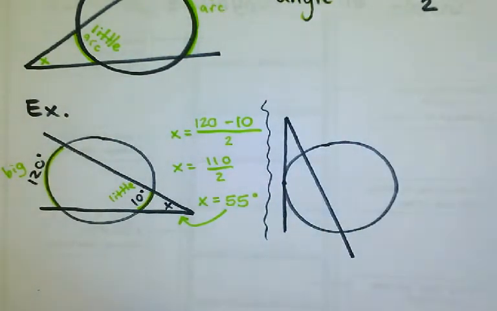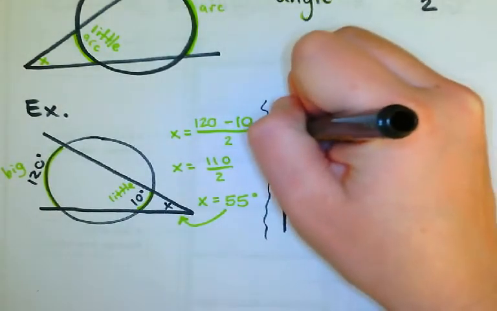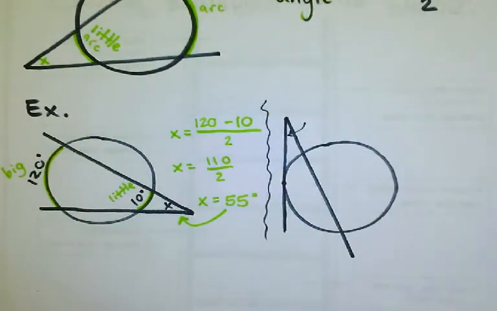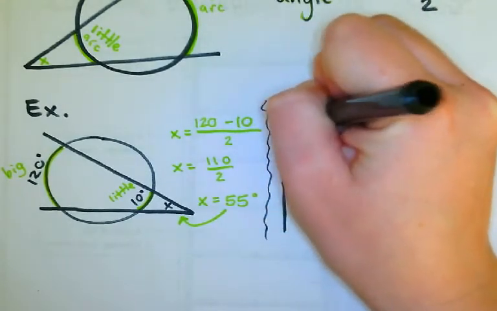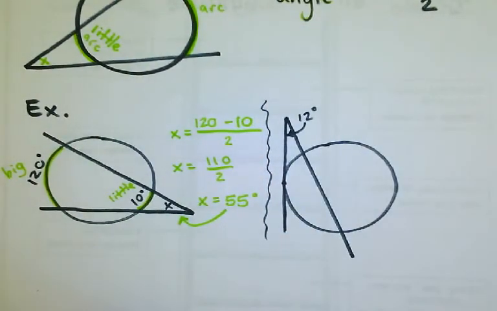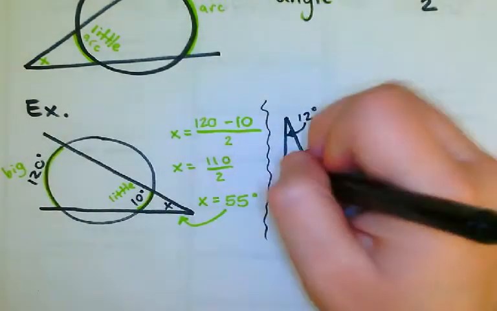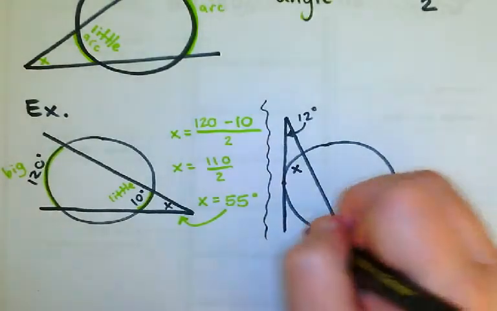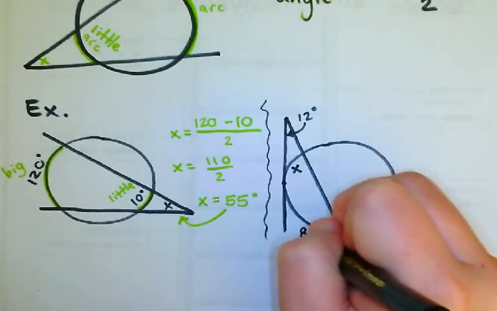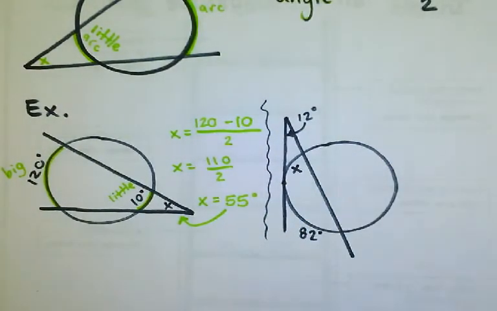Our vertex is still on the outside of our circle, so we're going to be using this same formula. This time, we know that our angle in here is 12 degrees. Let's say we're looking for this part, and we know that this is 82 degrees.